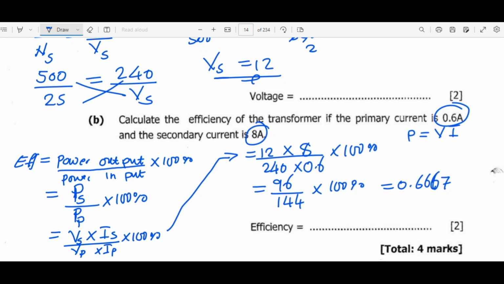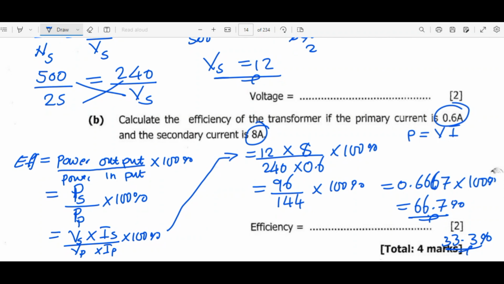So let's say 0.667 times 100%, which is our final answer, 66.7%. So 66.7% of energy was useful, and if we subtract 66.7 from 100, we get 33.3%. So 33.3% of energy was wasted.